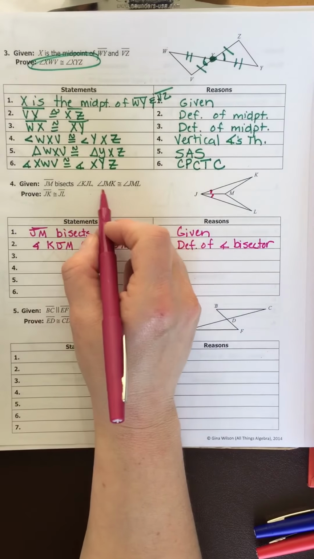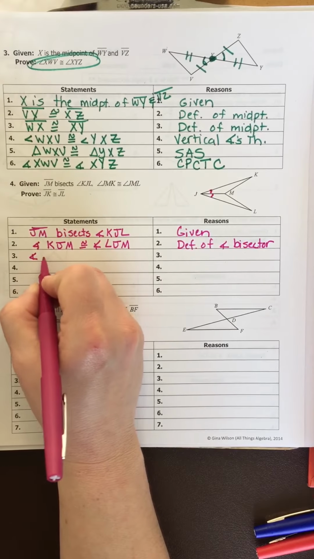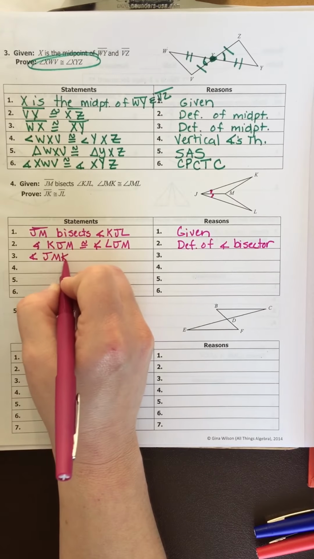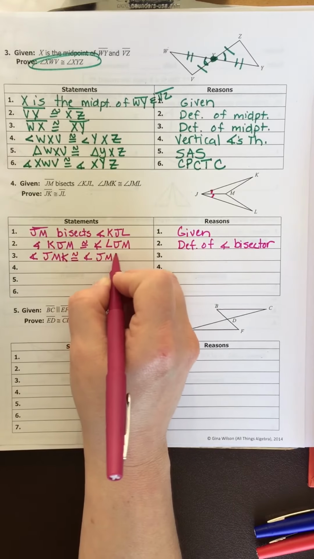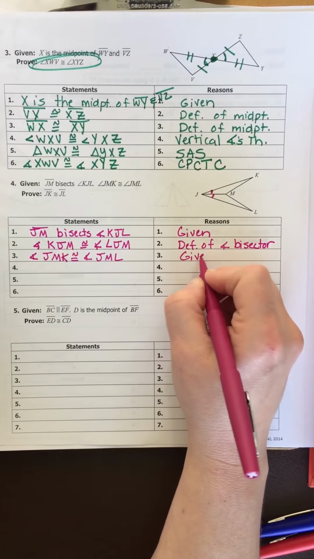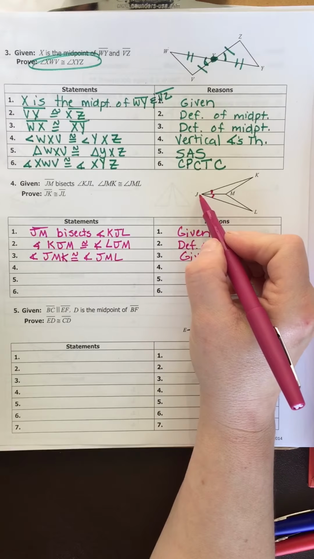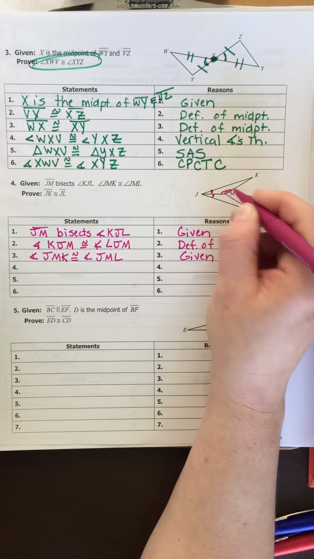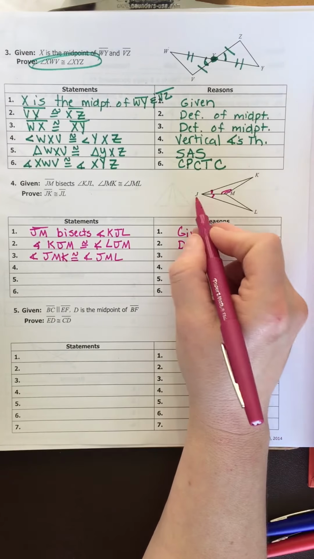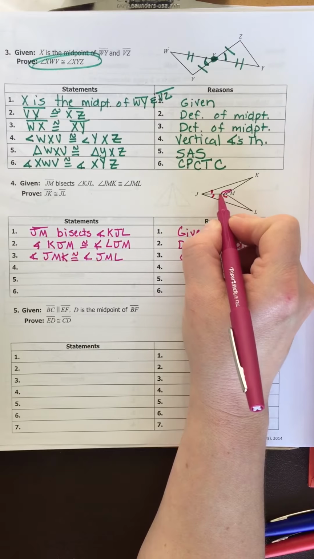Alright, what else do they tell me? We got that angle JMK is congruent to angle JML. And that's given. So let's find those. JMK, so that's this one right here, is congruent to angle JML. So that's this one right here.